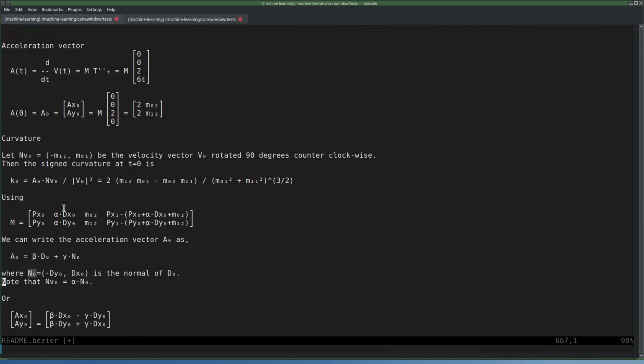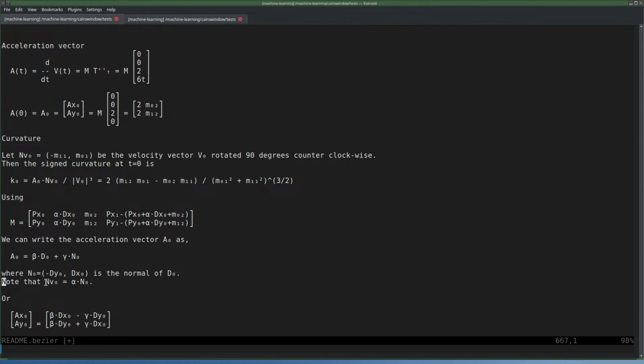Yep, because this is the velocity vector, and that is just alpha times that direction. The d0 gives me the direction at b0. So alpha is the velocity, and this was a unit vector.